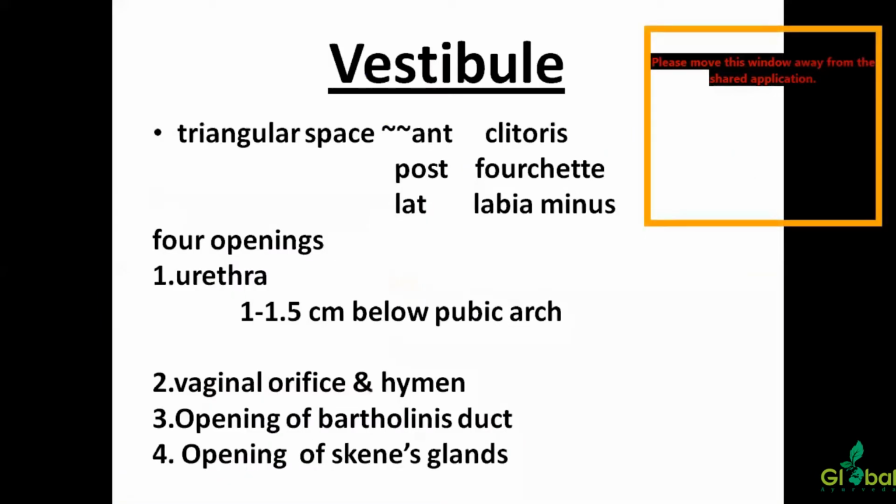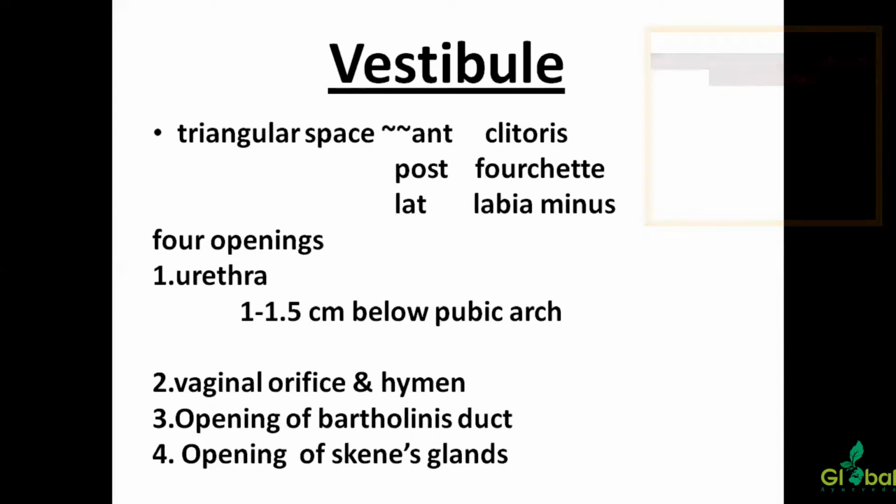Then next is vestibule. The vestibule is a triangular space, bounded anteriorly by the clitoris, posteriorly by the fourchette, and laterally by the labia minora. There will be four openings in this vestibule: the urethra, the vaginal orifice, the opening of Bartholin's duct, and the opening of Skene's gland.